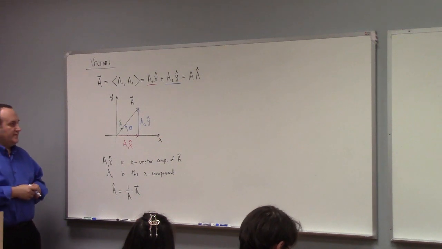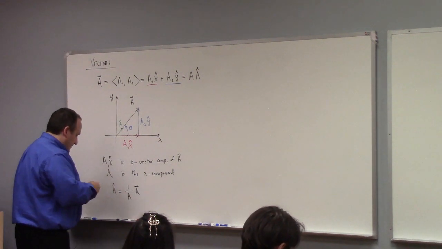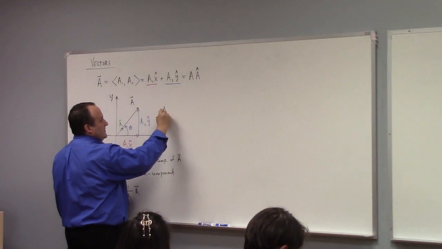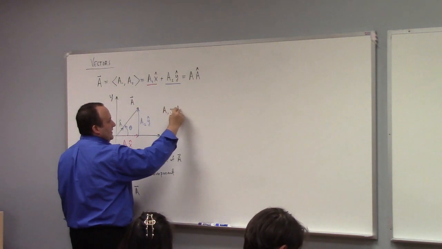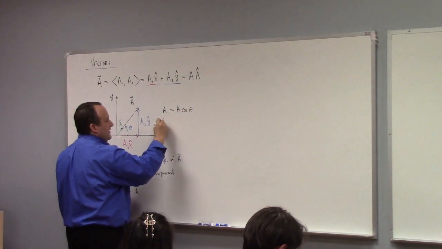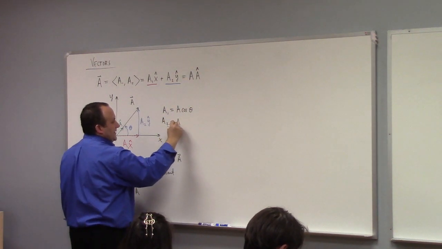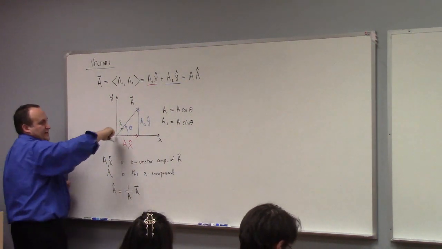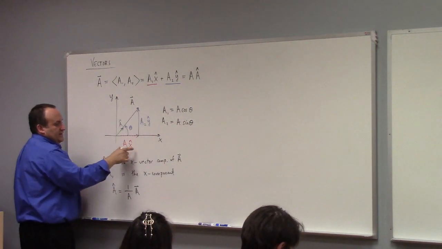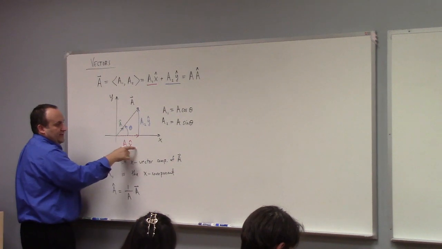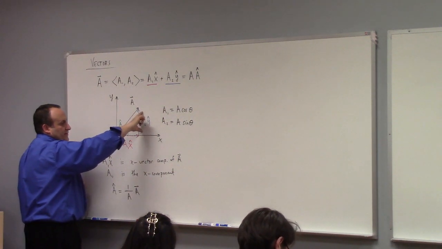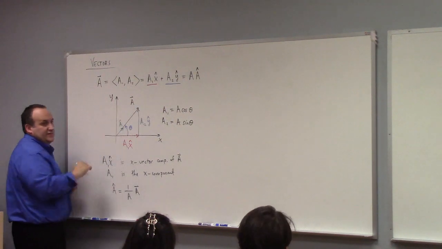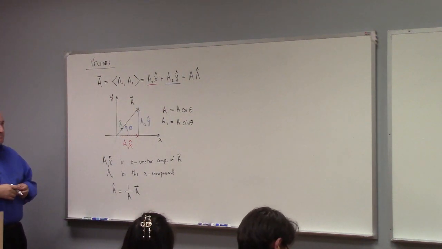And in view of the standard angle here and the discussion of polar coordinates that you had in your previous course, you can easily see that A1 should be equal to A cosine theta, and A2 should be equal to A sine theta, right? Because there's a right triangle here, and the horizontal side has length A1, the vertical one has length A2, and the hypotenuse has length A, which is the magnitude of the vector, right?